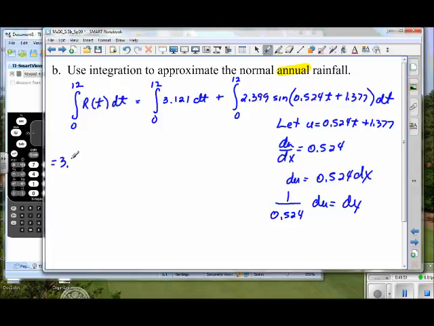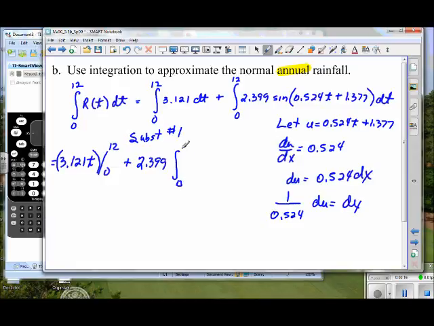So if we take a look at this problem, again, the first part's going to be relatively easy. It's going to be 3.121t, so we'll just leave that portion alone. And then we'll do our first substitution. And, oh, by the way, we have to integrate that from 0 to 12. But our next substitution, I'm going to pull out that 2.399 before I start.